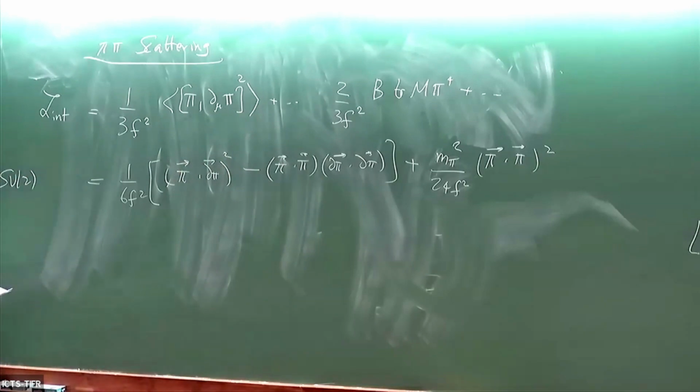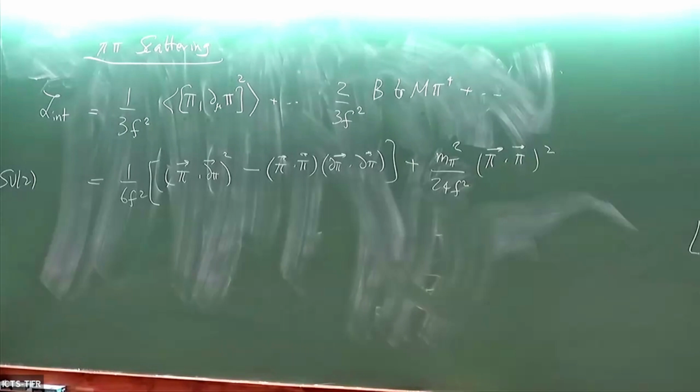Okay, so here's an exercise. Use Anand's notation: A, B, C, D are the isospin labels of the pions, and then the momenta are PA, PB, PC, PD coming in.